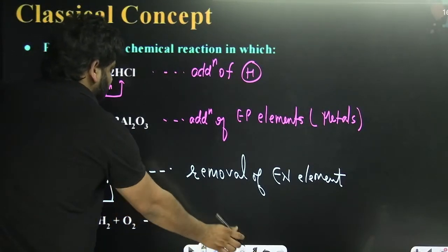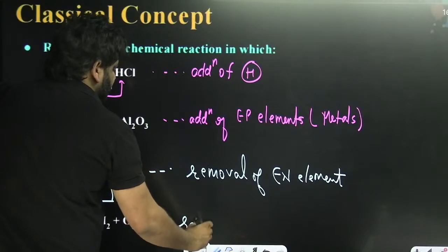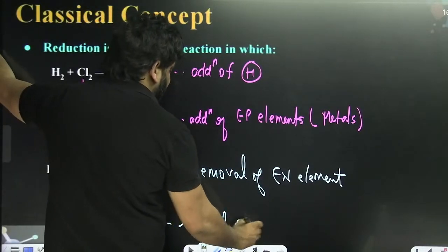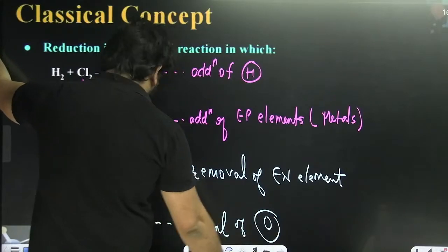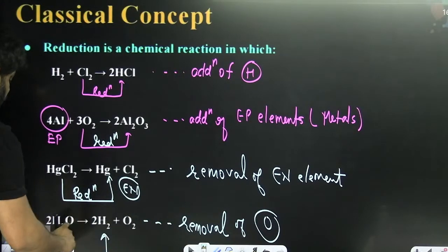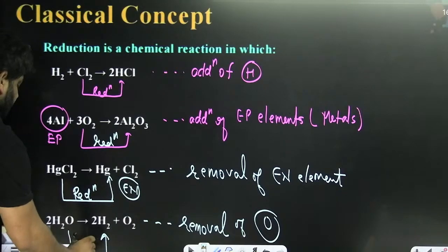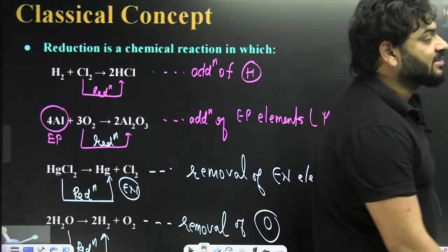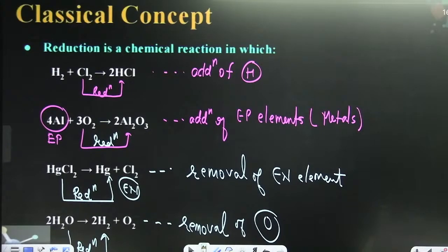Just like initially we said addition of oxygen in oxidation, reduction will be the removal of oxygen. So oxygen has been eliminated. So the formation of H2 from H2O is the reduction process. So that is what we call the older or classical concept of redox reactions.